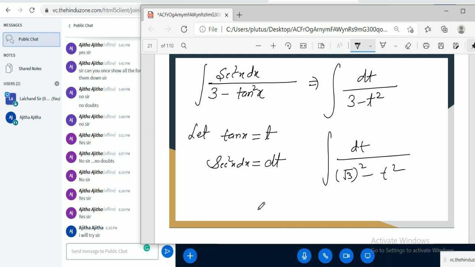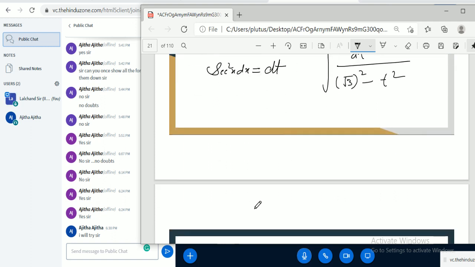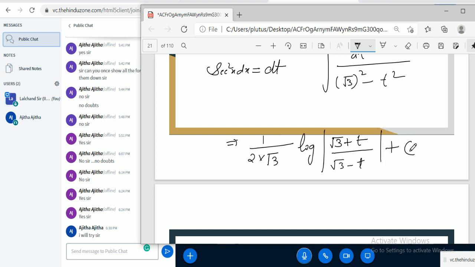So what will be the final integral? 1 by 2a, so 1 upon 2 root 3, logarithm of (root 3 plus t) over (root 3 minus t), plus c.